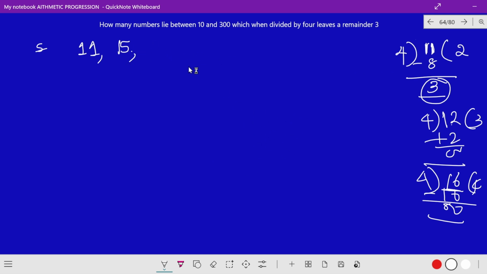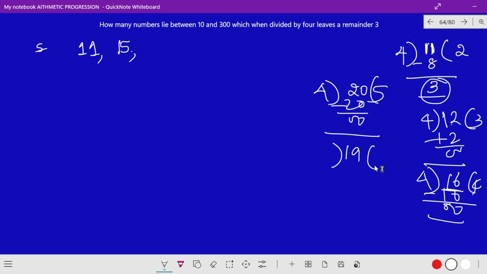So next number will be 4 twos are 8, 4 threes are 12, 4 fours are 16, 4 fives are 20. 20 is divisible by 4. So what is the concept here? Pick one number less than 20. So 19 divided by 4: 4 fours are 16, 3 remainder. So we are getting 3 remainder. Next number is 19.